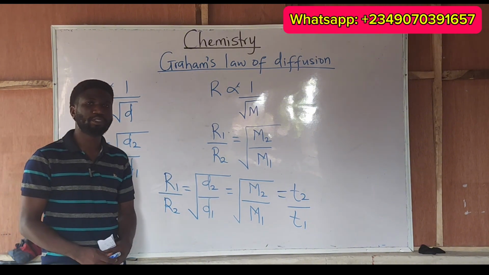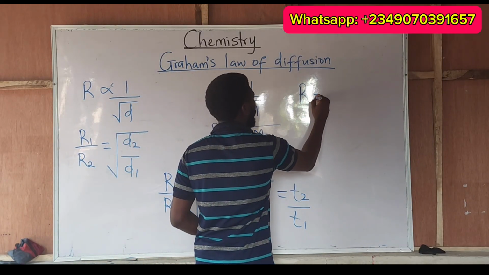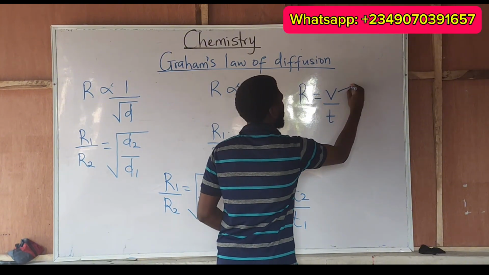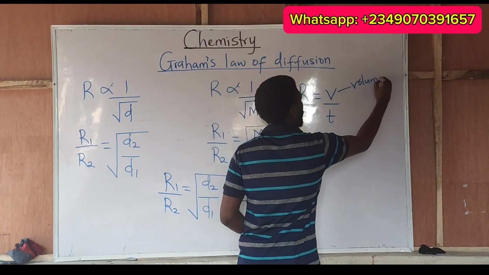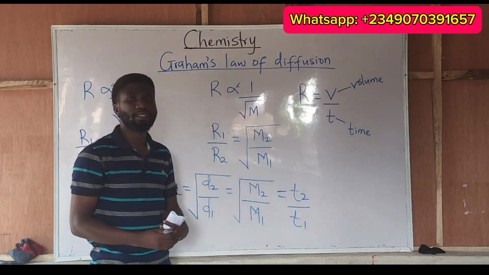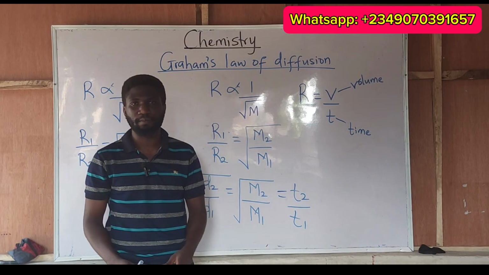Before we move into the examples, note that rate of diffusion equals volume over time. Here is volume and here is time. Please take note: rate of diffusion equals volume over time.